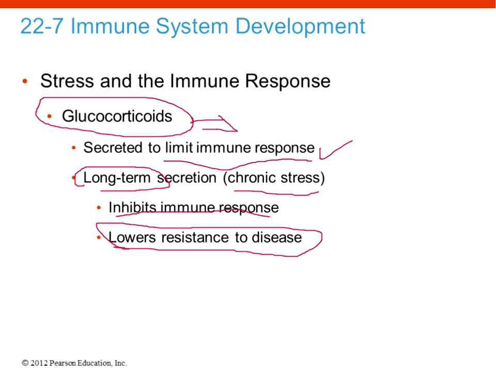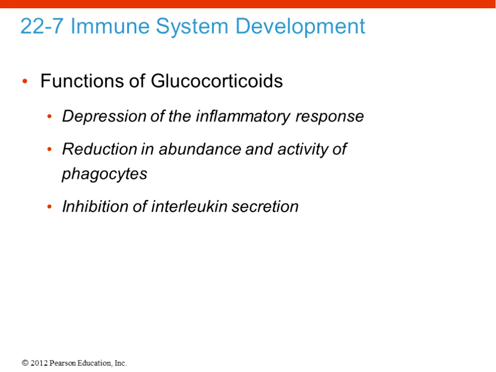So being stressed all the time, having a stressful, sympathetic response a lot, chronically, can inhibit your immune response, and then you can be less able to resist disease. So stress, while a normal process, needs to also be managed so that it's not constantly occurring.